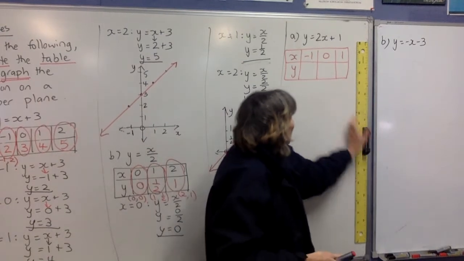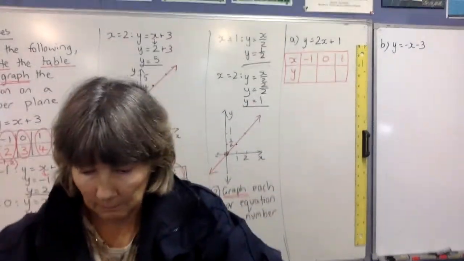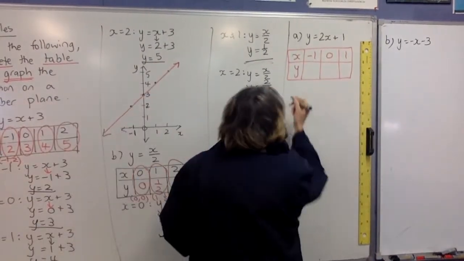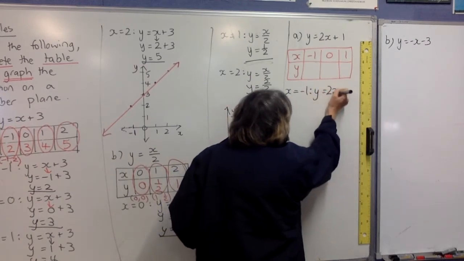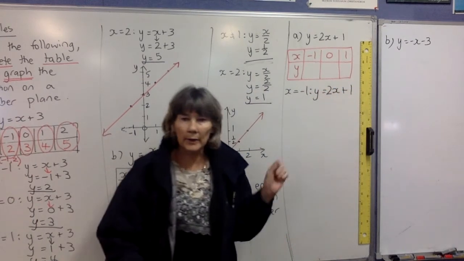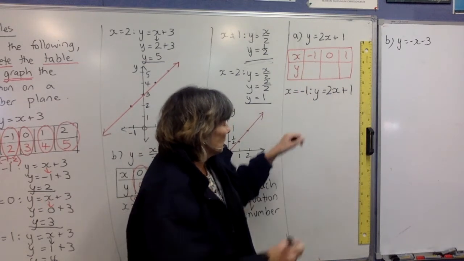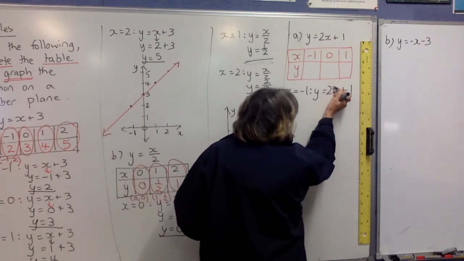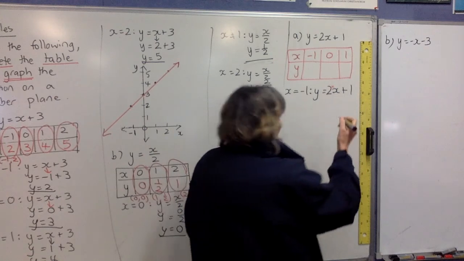All right, so we've got our first x value that we've decided is -1. Okay, so x equals -1. Write down your rule next to it, y equals 2x plus 1. Okay, so we are going to be putting -1 in for x. All right, now don't forget that when you're doing this, you've got a little times in between the number and the letter. So don't forget about that.